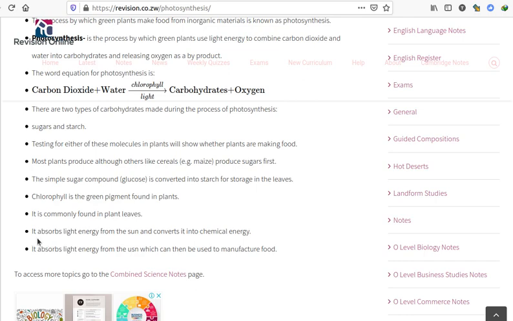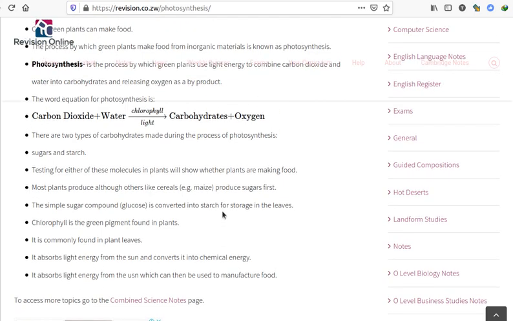Then the purpose of chlorophyll is to absorb light energy from the sun and convert it into chemical energy that is then going to be used to combine carbon dioxide and water, right? So it absorbs light energy from the sun, which can then be used to manufacture food. Yeah, that's basically the introduction of photosynthesis.